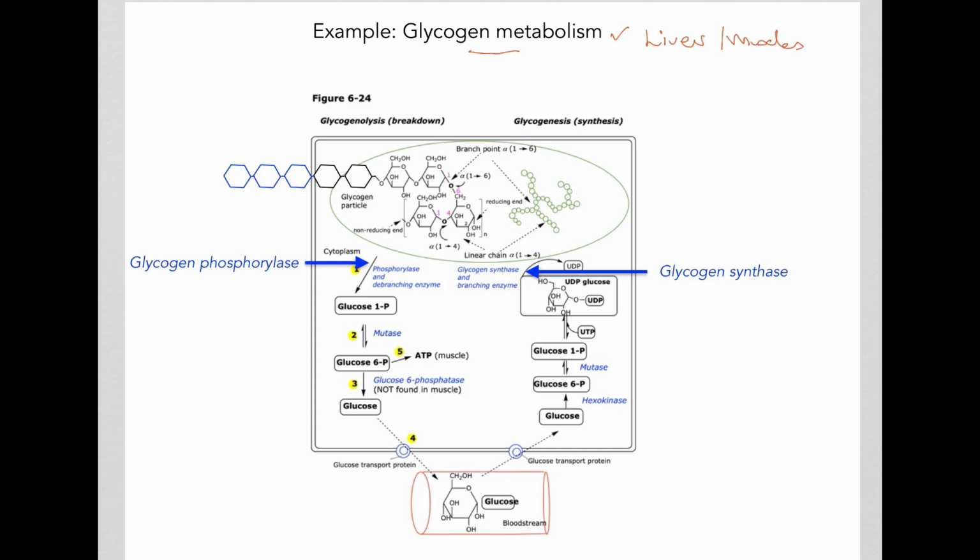We'll look at glycogen synthase, which we'll abbreviate GS, and then glycogen phosphorylase, which we'll abbreviate PYGL. Recall that glycogen synthase is the key enzyme involved in glycogenesis, which is glycogen synthesis, while glycogen phosphorylase is the key enzyme involved in glycogenolysis, the breakdown of glycogen.